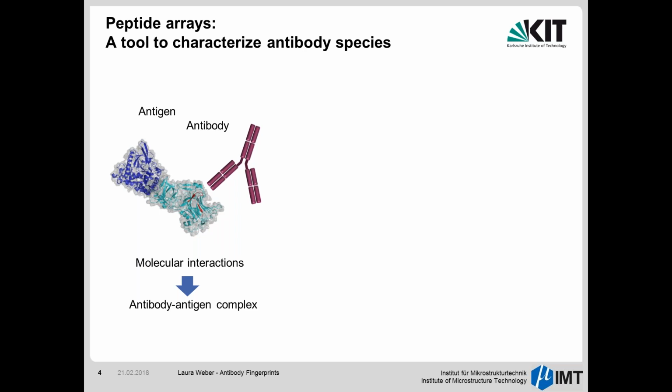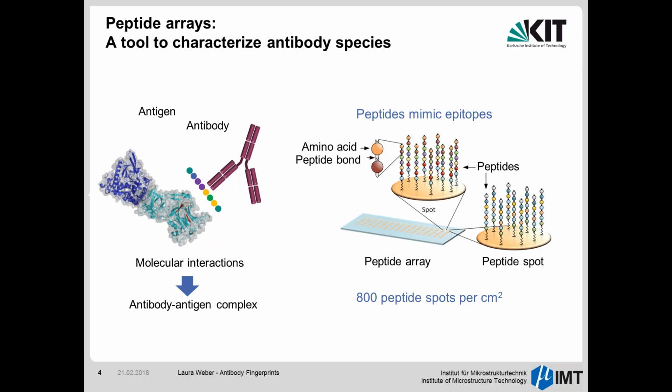In this case, it's colored red, and these so-called epitopes can be imitated with peptides in the lab. If these peptides are arranged in array format, you end up with a peptide array, which you're probably all familiar with. For both studies, we used peptide arrays that were synthesized by PEPperPRINT with a spot density of 800 peptide spots per square centimeter.